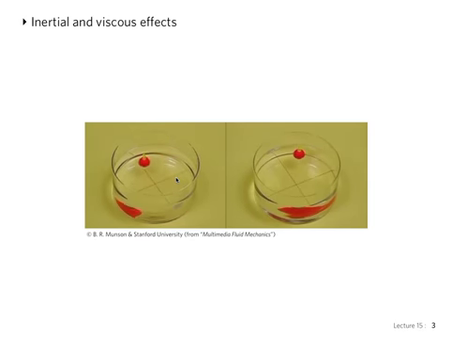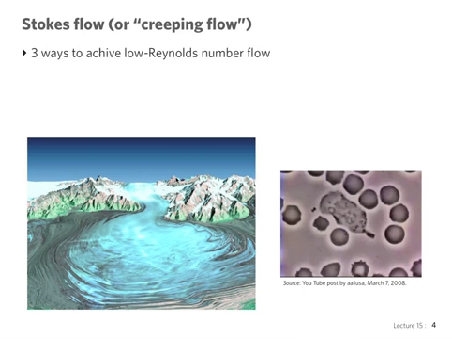And we were discussing that the Reynolds number indicates the competition between the two. In the case of very low Reynolds number, you obtain what is called creeping flow. A creeping flow is this situation where you have a Reynolds number which is, say, much smaller than 1.